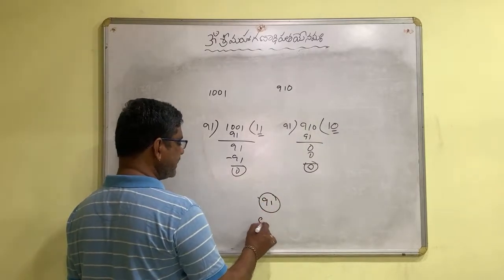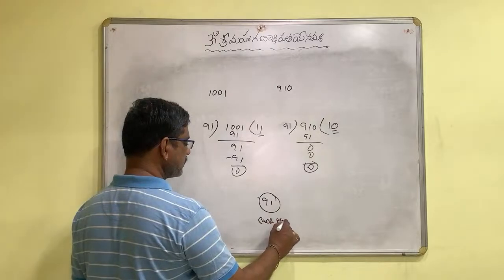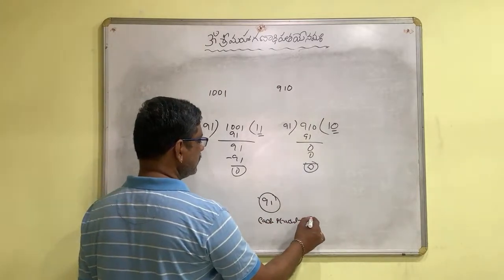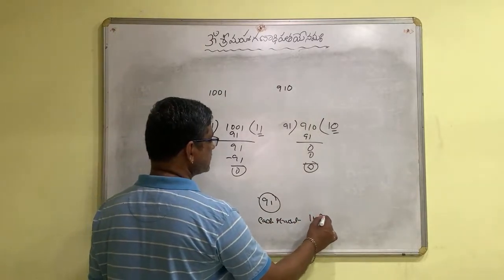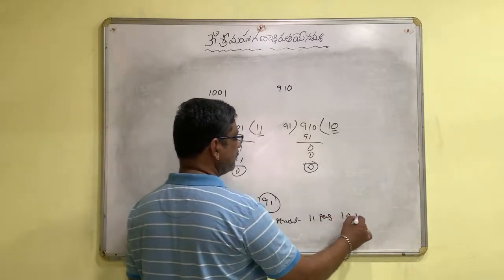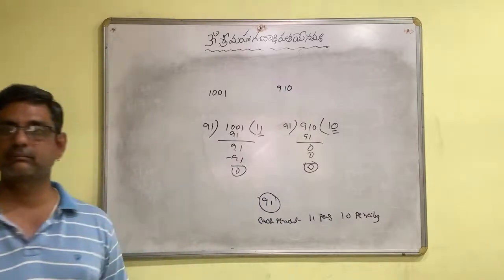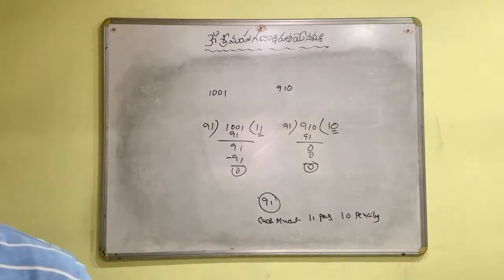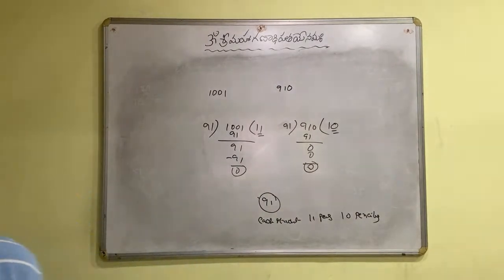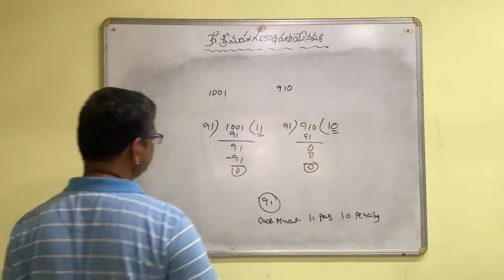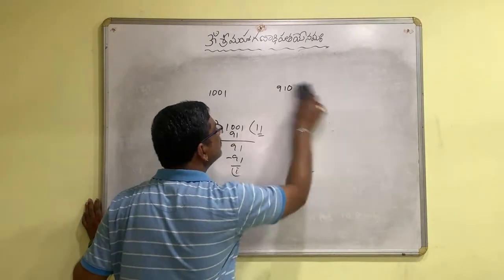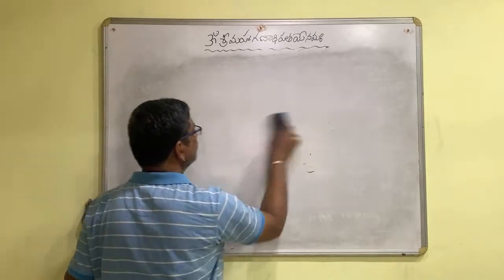Each student will get 11 pens and 10 pencils. Each and every student will get 11 pens, 10 pencils. Good. Next question.